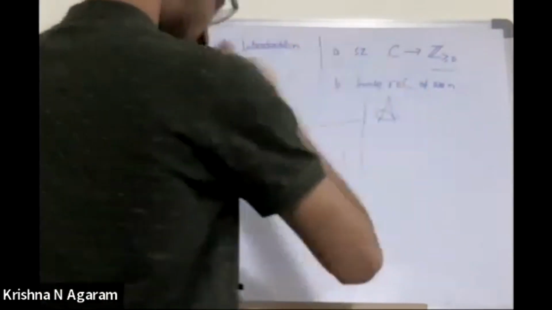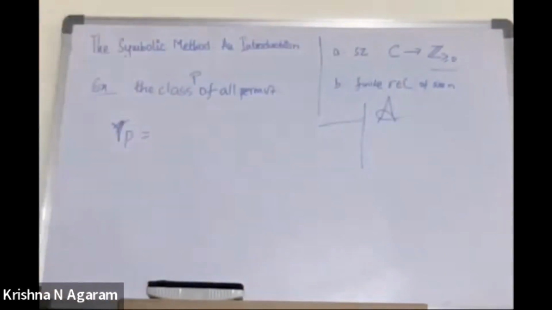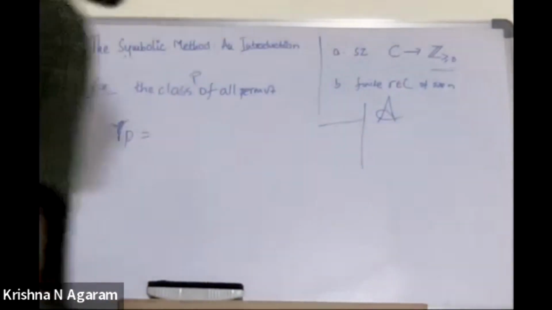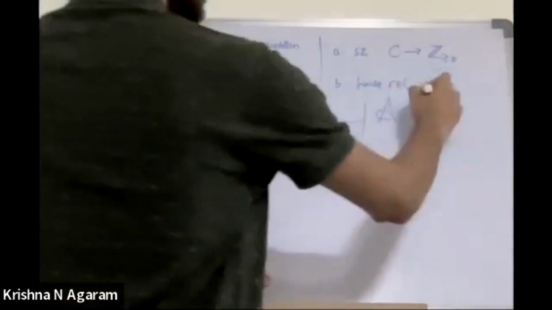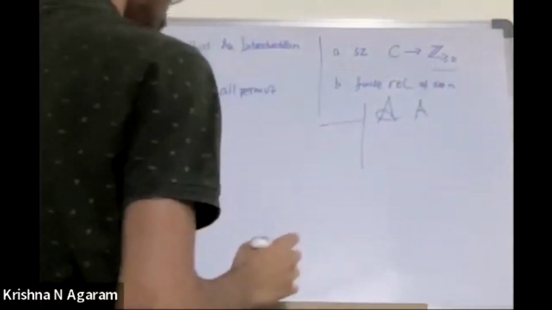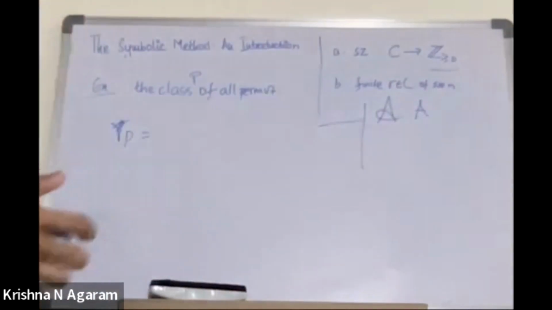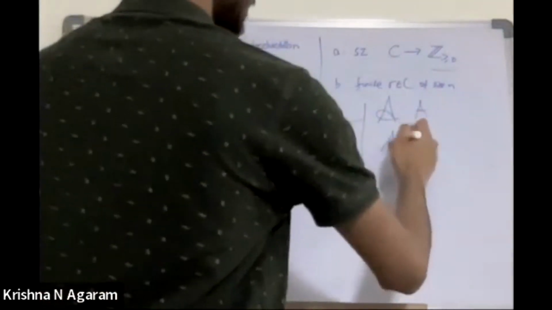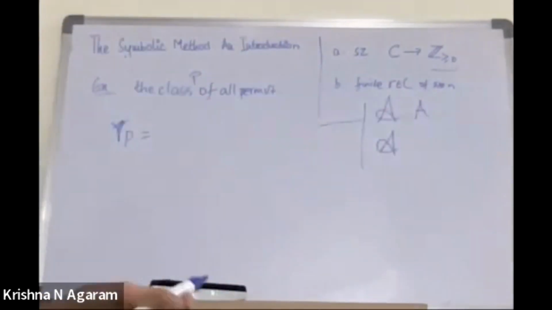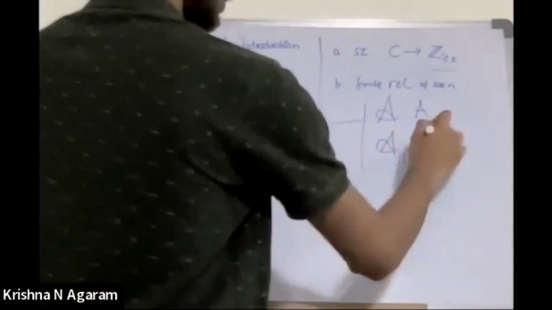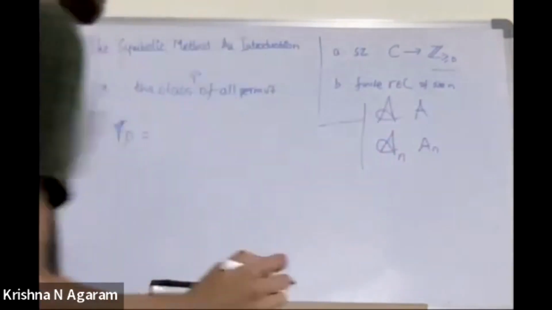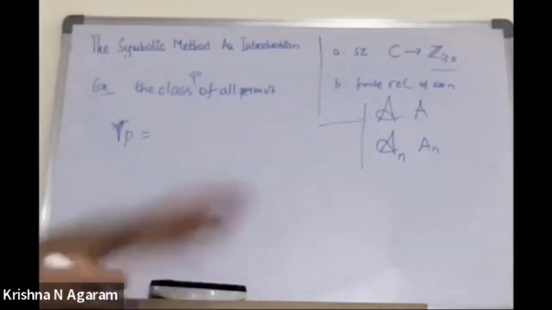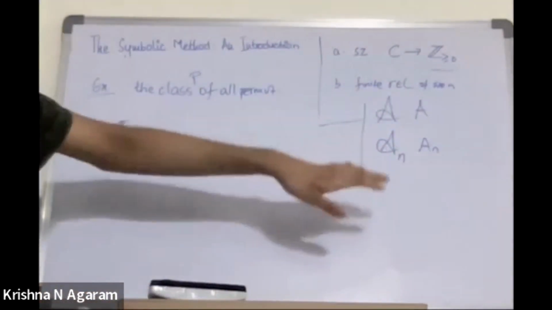If a class is A, I'll denote it by cursive A. Sometimes if I'm lazy, I'll just put a normal capital A, but usually cursive A. And the set of elements of size n in A, I'll denote by this, or A_n. Okay, it's also a set.